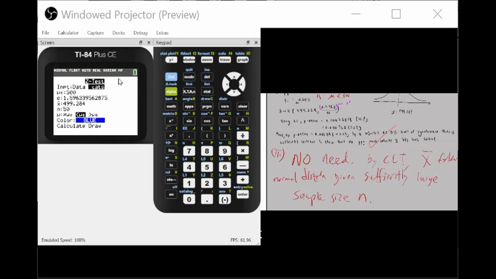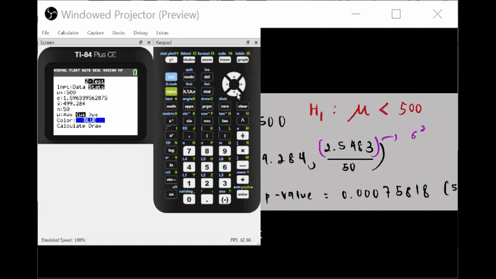Z test. Basically I went to it here. You know how to get to this page, right? Then you just press down and fill in the blanks. This sigma has to be the square root of this 2.5483.